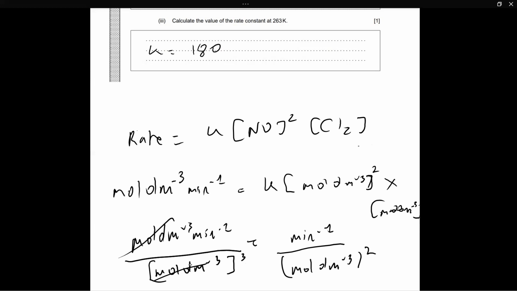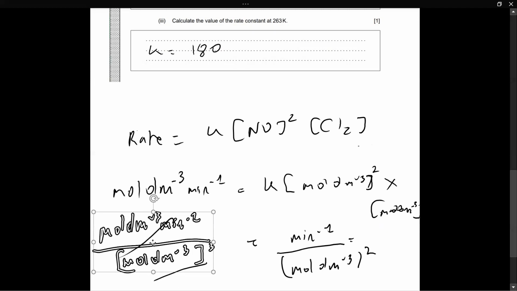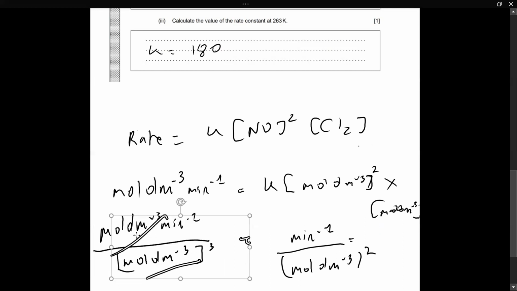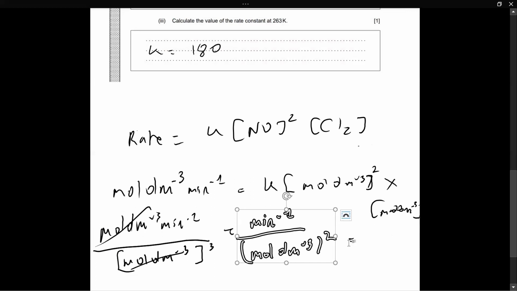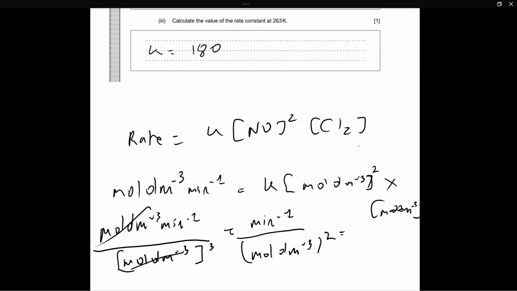And all you have to do now is to open these brackets. When you expand this, or when you square it, you get mole squared dm to the power of -6 divided by minute, and then just take this to the numerator.